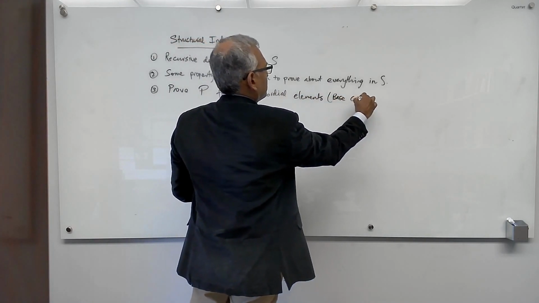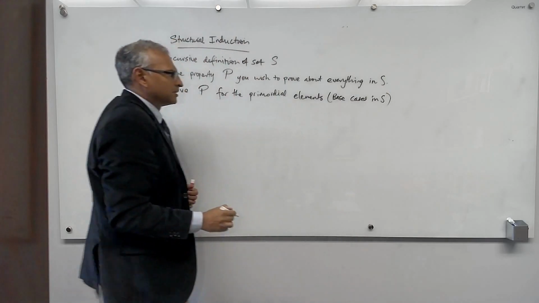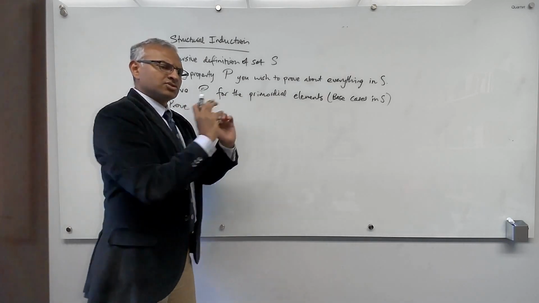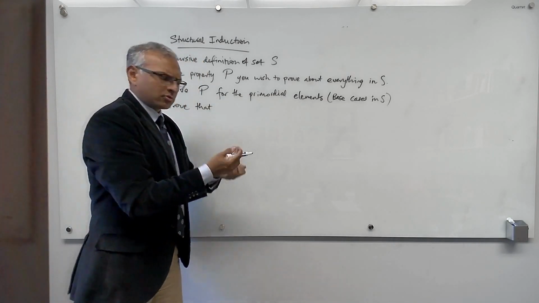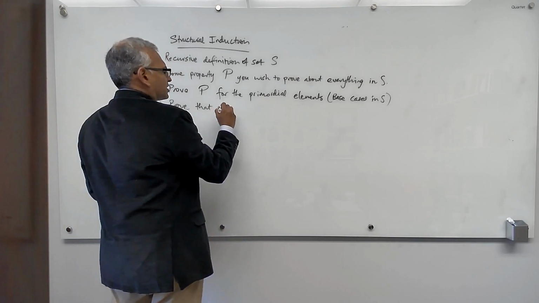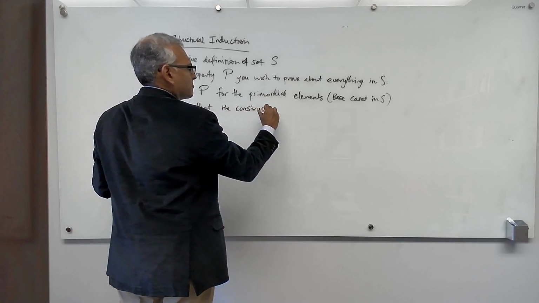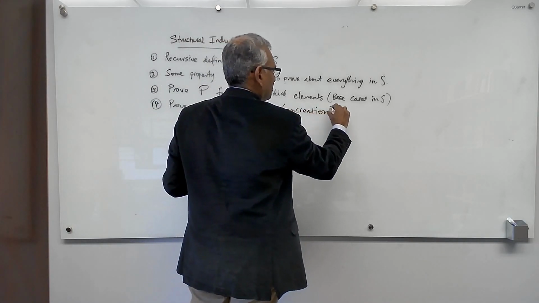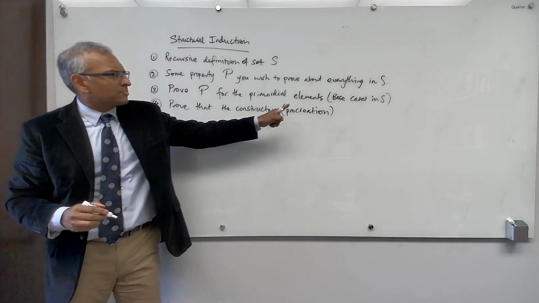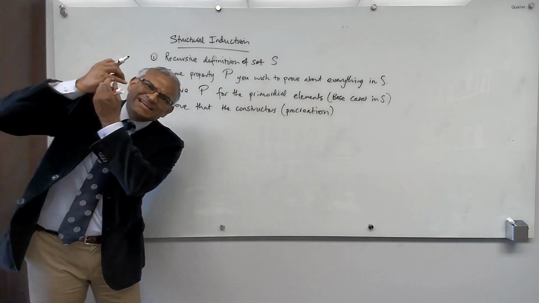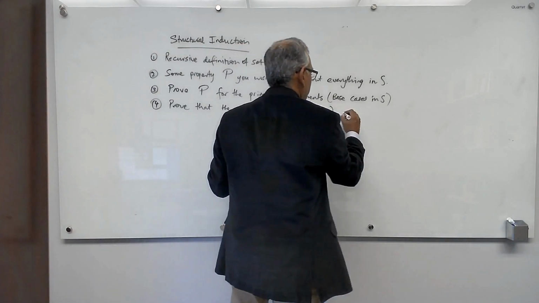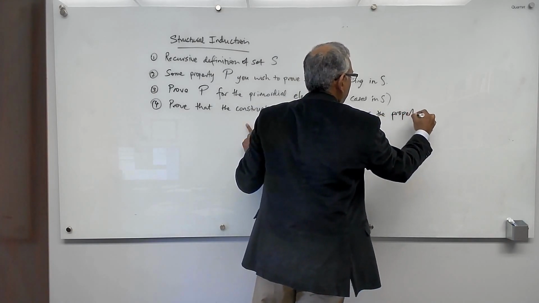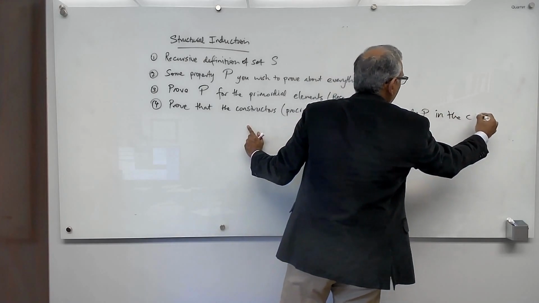Then you prove that the way you construct new elements, the constructors, the way you procreate, preserves the property P in the child.